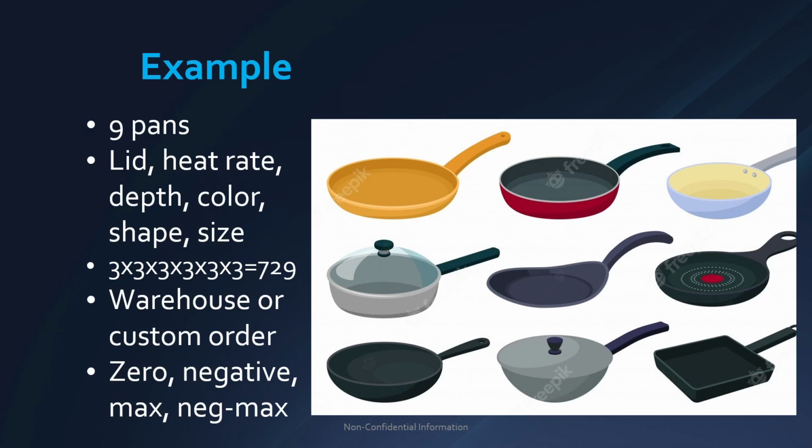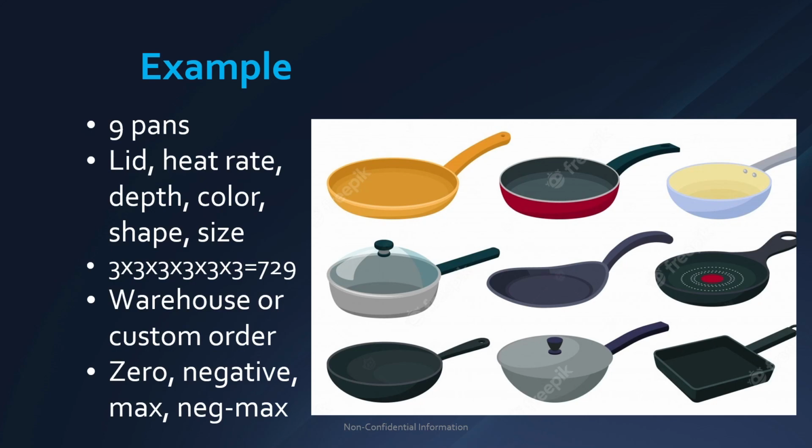So maybe we do allow negative values, but what is the absolute minimum that we will allow that makes sense? So these are just some examples. There are often other types of cases that you need to think about and plan ahead for, but usually some of the first test cases when you're representing something as numbers are 0, negative, max, negative max. Do these still work?